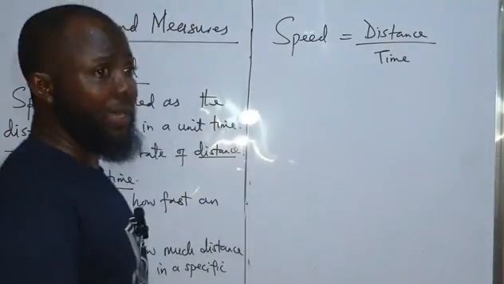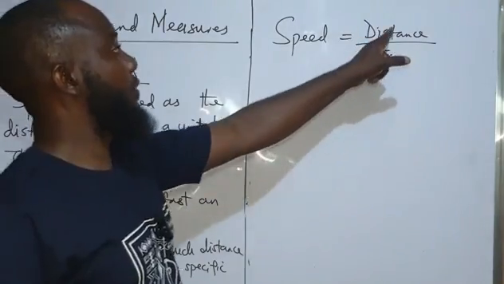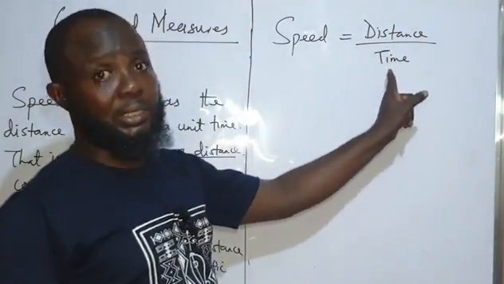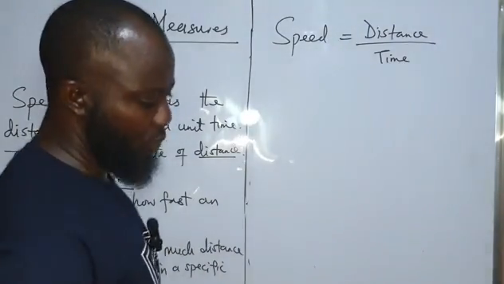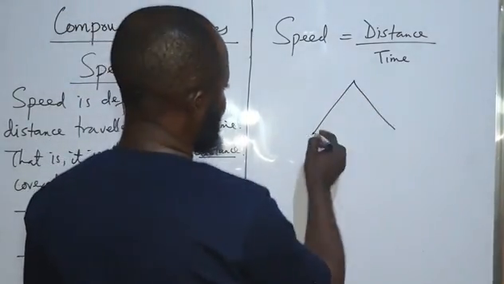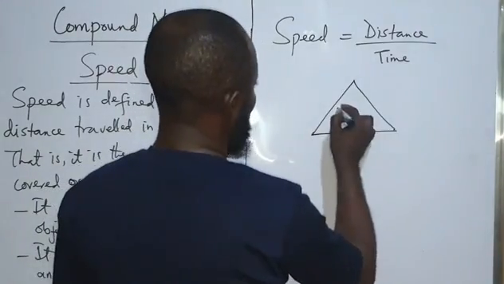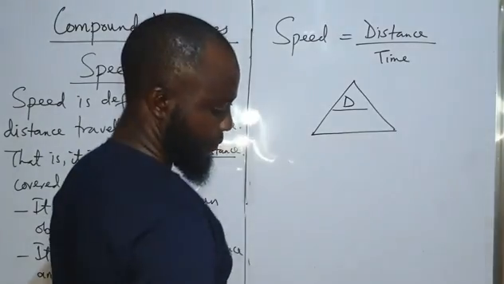But in the situation whereby we can find so many things with this, we can either find the distance or find what? The time. Let's see how this goes. So that's why I'll put this one here. Let's look at this triangle. I have distance here. Are you with me?